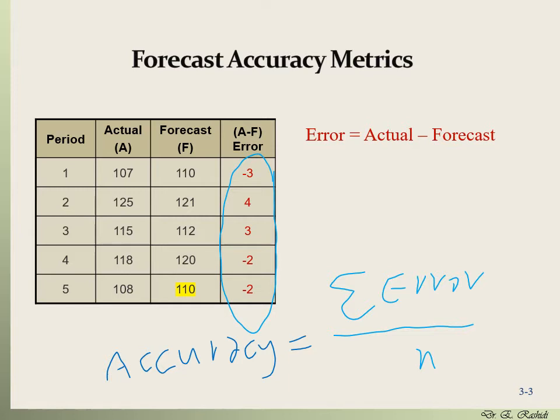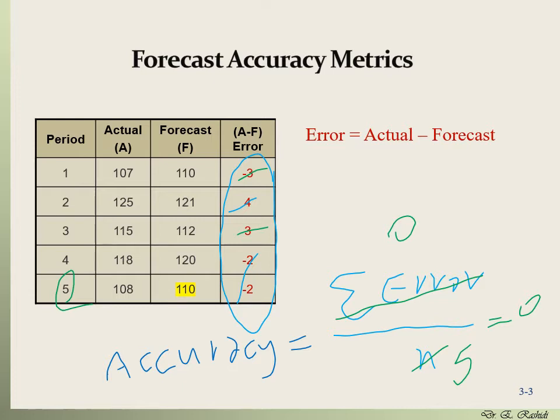If you compute this, these two are going to cancel out this one, and this is going to cancel out that. So the summation of errors is actually 0. 0 divided by 5, we have 5 periods here, would be 0. So the average error that we have here is 0.